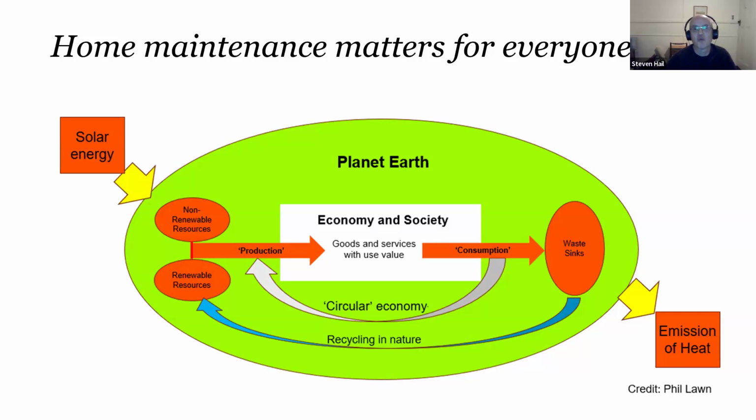We generate waste, including, of course, carbon dioxide and other greenhouse gases.